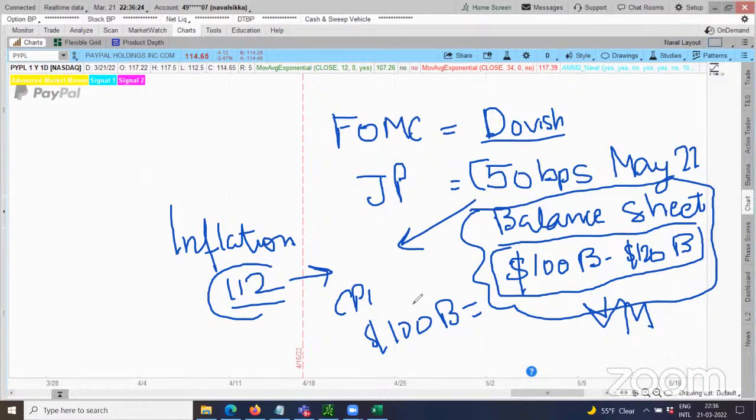If it is higher only, then it's going to go on the upside. All right. So let's see what happens on the Fed minutes, how clear they have mentioned regarding the balance sheet reduction, because this is the essence. Rates, he clarified that it's going to be 50 basis points. He's not backing it out.